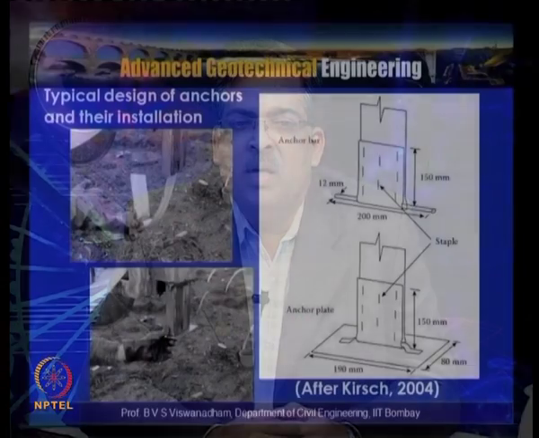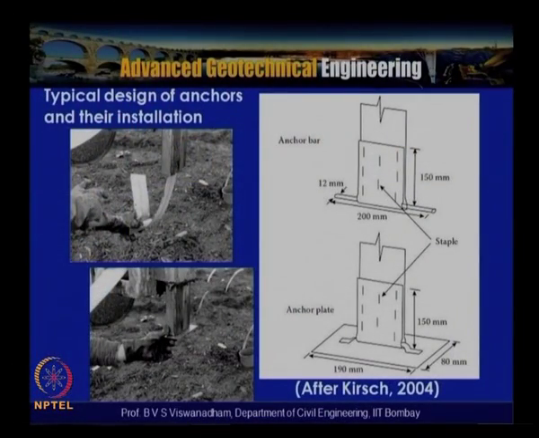So in this particular slide, typical anchor bars which are used to keep the PVD in place during the installation are shown. In this photograph, what has been shown is how the anchor rod of 12 mm diameter with an overlap of about 150 mm is used, and these staple pins are used to hold this in place to form a loop like this, and then this anchor bar which is having 200 mm.